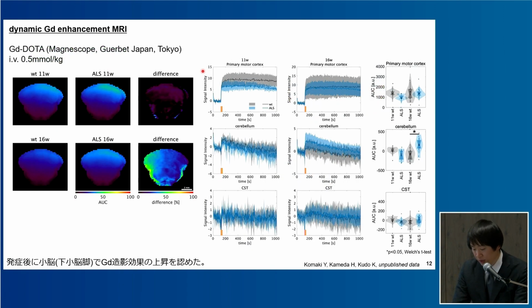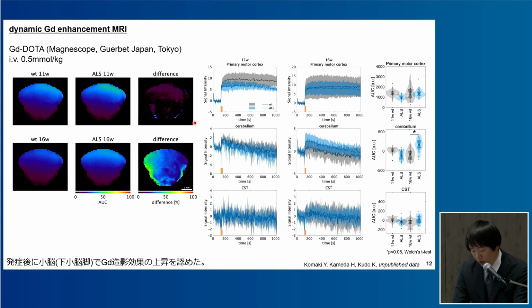We observed the dynamic MR signal change caused by the gadolinium contrast agent. Rapid injection was performed 3 minutes after the start of the MRI measurement, and the measurement continued for 15 minutes. The coordinates of the anatomical image of each individual were normalized, and the average map of each group and its difference image were generated.